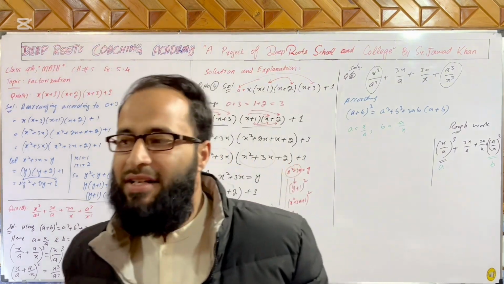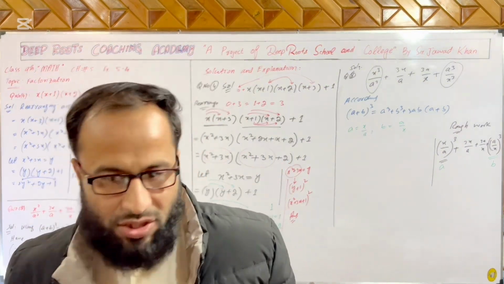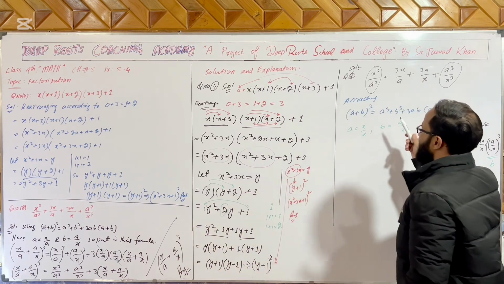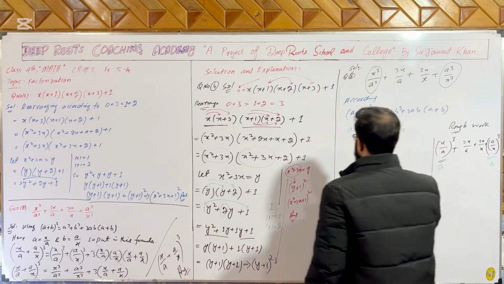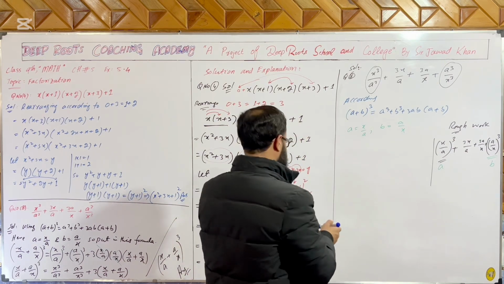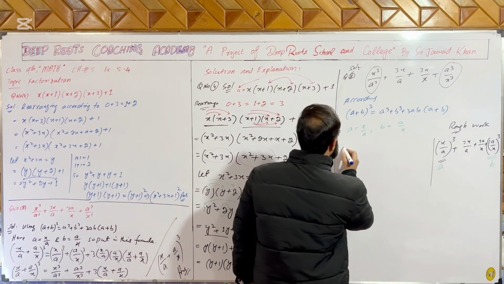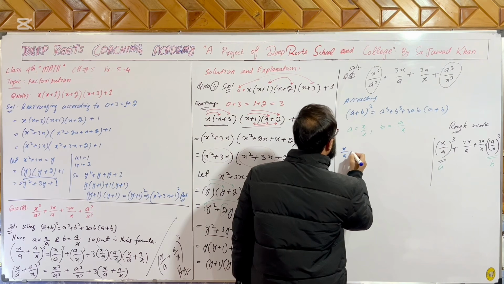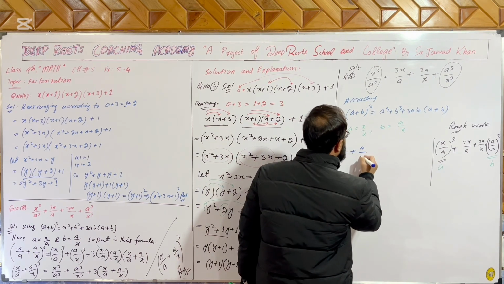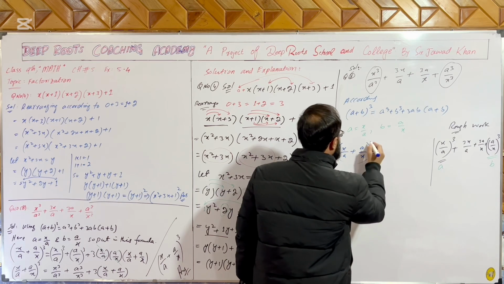If I get that result as given in the question, then that will obviously be the answer, or the factorization of this question. So let's see whether it works or not. So I'll put x by a instead of a, and instead of b I will put a by x, whole cube.